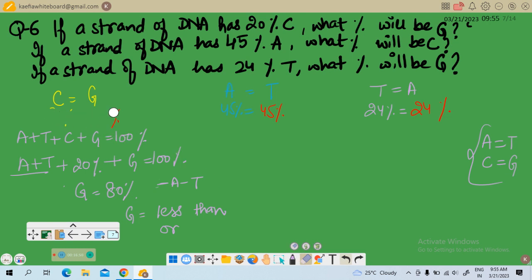Okay, I need to remove this because here they are asking what will be percent of G. Here I can't take them equal because according to the question, G will be less than or equal to 80.